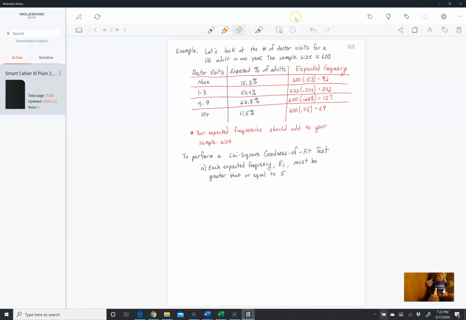Okay, and I'll actually write this in, and you'll see in 1 second, but this is a hypothesis test, which means that the next step is to create our hypothesis. So just like before, we have a null hypothesis and we have an alternative hypothesis.